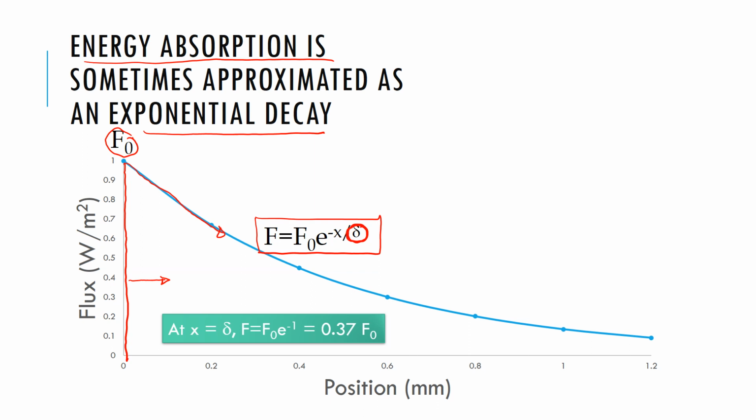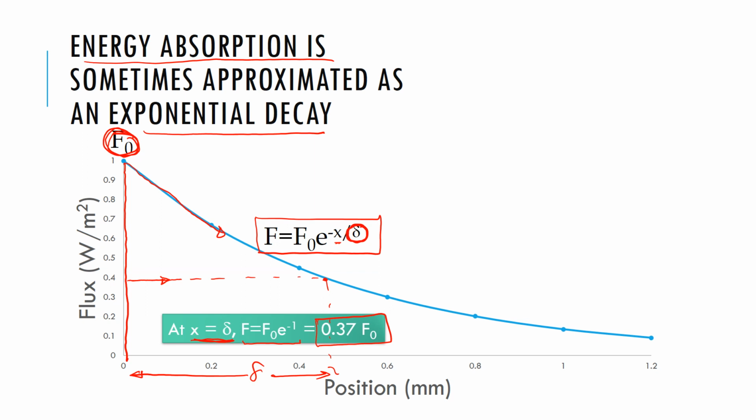Let's look at the meaning of delta. At x equal to delta, if I plug in x equal to delta, then I get F equal to F0 e to the minus 1, or 0.37 times F0. So at distance delta, the energy level is 37% of what it was at the surface.